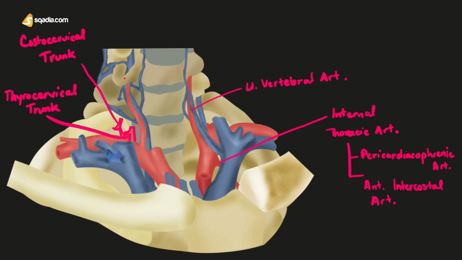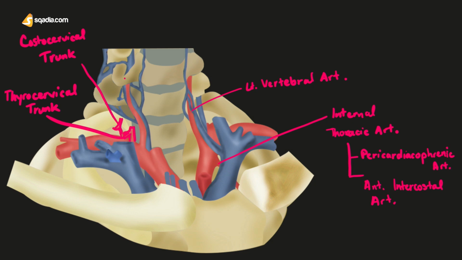Next, we have the thyrocervical trunk. So the thyrocervical trunk is a branch of the first part of the subclavian artery near the medial border of the anterior scalene muscle. It gives off the inferior thyroid artery, the superficial cervical artery, the suprascapular artery.